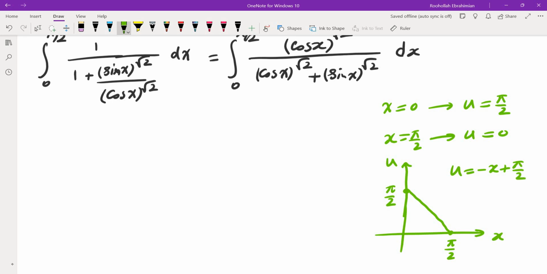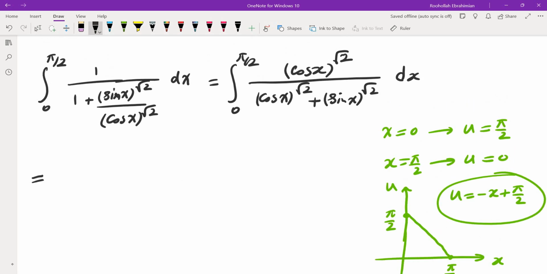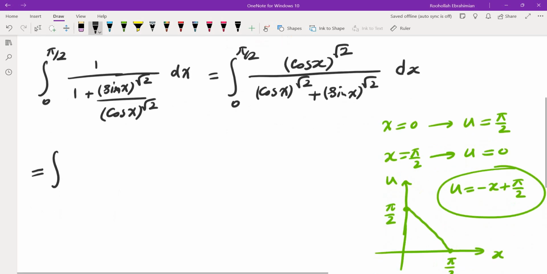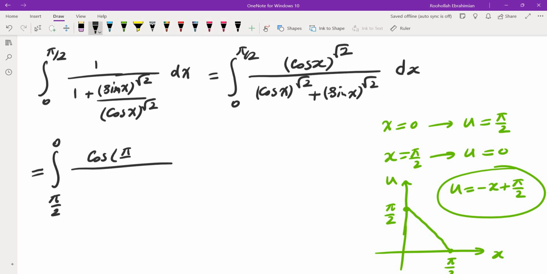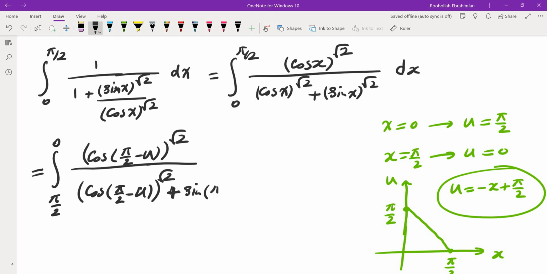If you do this u substitution, what you're going to end up getting is the integral from 0 becomes pi over 2, pi over 2 becomes 0, cosine of pi over 2 minus u to the power of root 2, over cosine of pi over 2 minus u to the power of root 2 plus sine of pi over 2 minus u to the power of root 2. Those are values of x. dx is negative du.